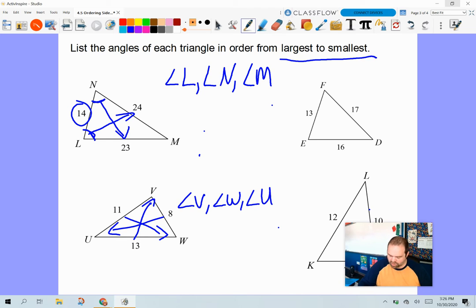Last one here, top right, my biggest angle is angle E across from 17, angle F across from the 16, and then angle D across from the 13. It's not too bad. You just have to learn how to read the picture.